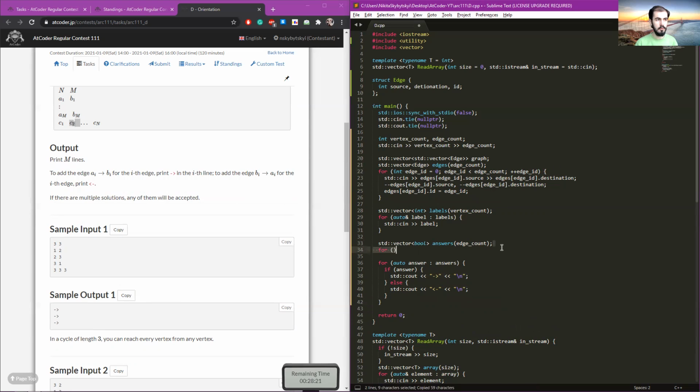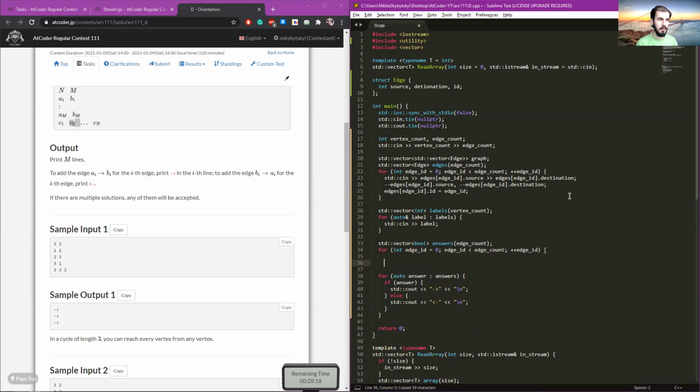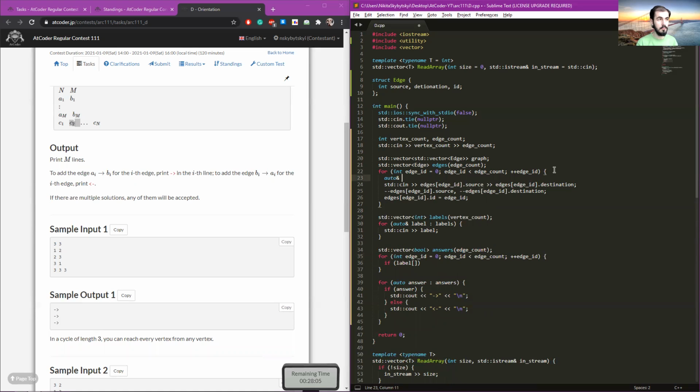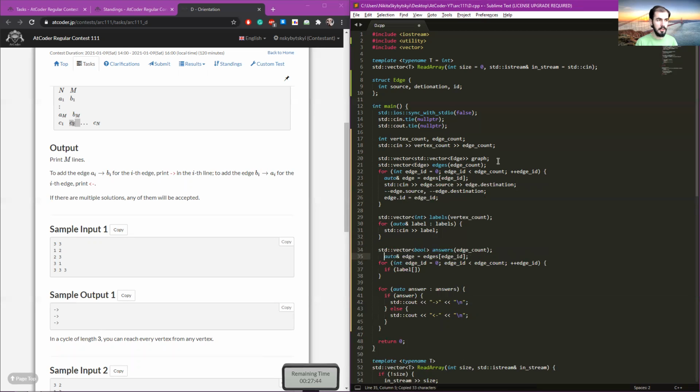Then we can loop through edges again and check the label at, yeah, we'll need, you know what, because it was just too long. So we grabbed ourselves a reference to the edge that we are about to change. It's perfectly fine. We'll update in the answers.